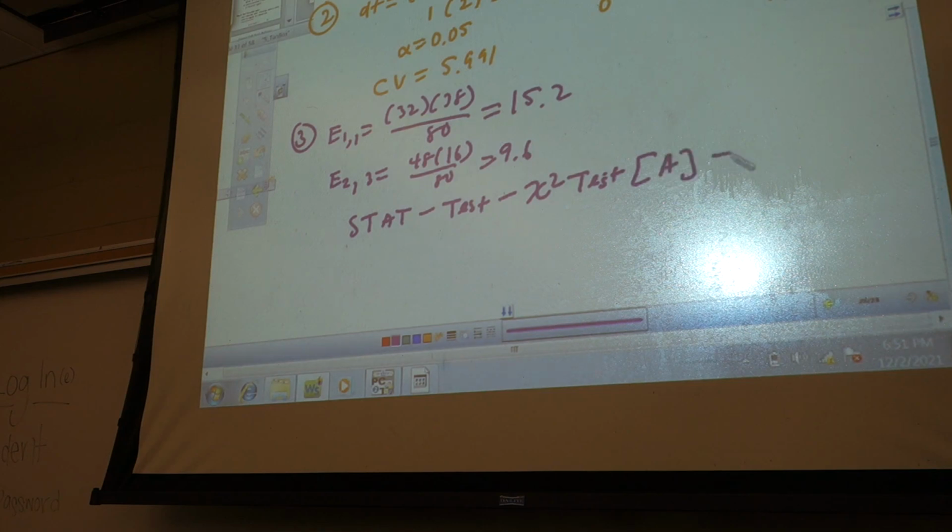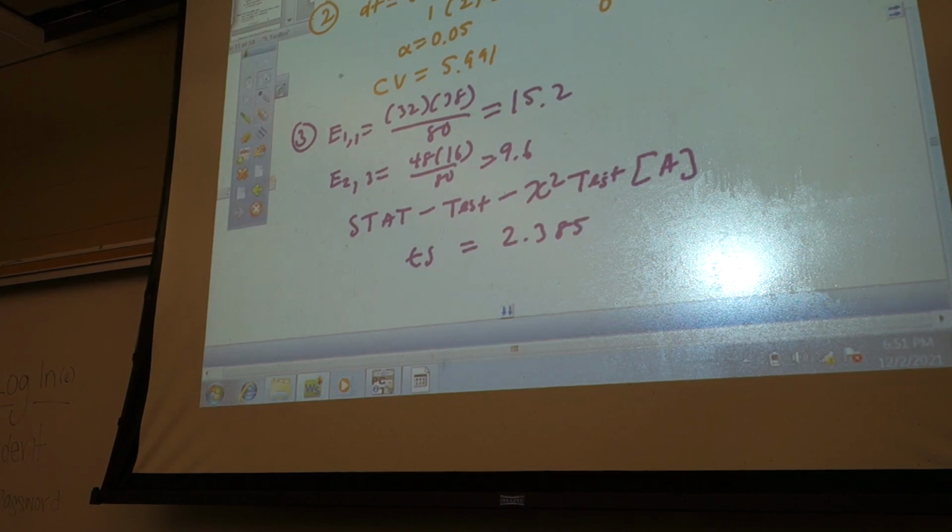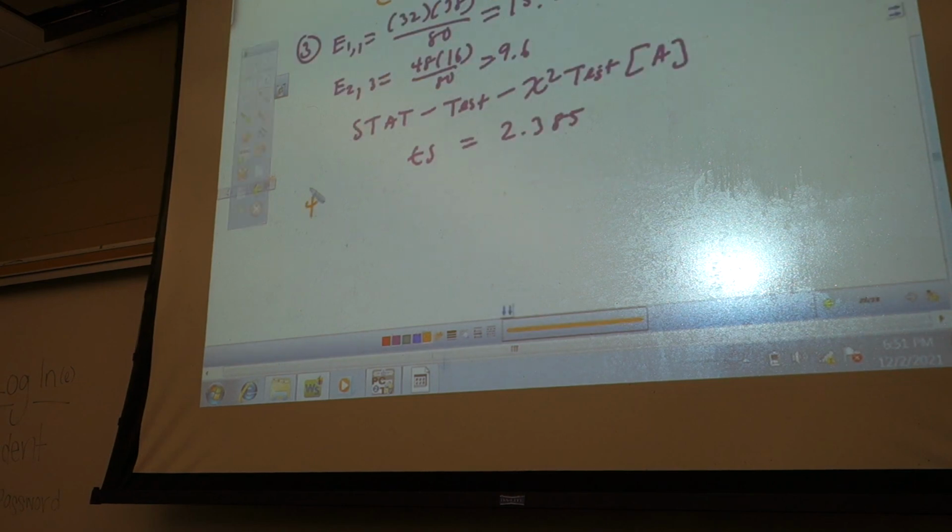I got chi equals 2.385. So, okay, great. That works. So we're going to stick that into our spot here. 2.385. Good.